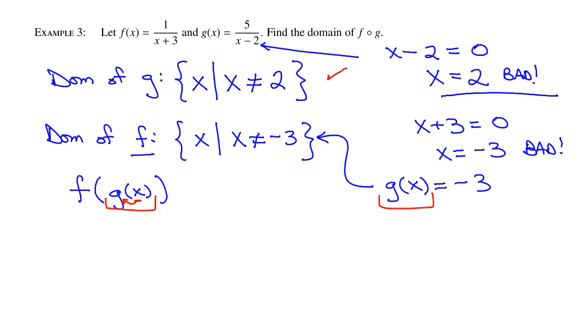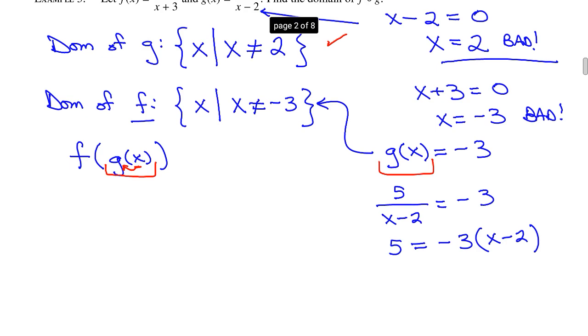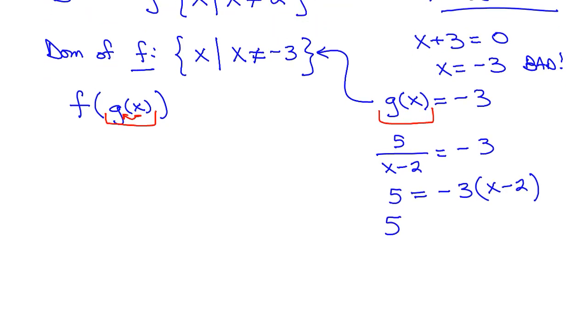So if g of x is equal to negative 3, that means 5 over x minus 2 is equal to negative 3. And then we just solve this equation here. So I'm going to multiply over. We get 5 is equal to negative 3 times x minus 2. 5 is equal to negative 3x plus 6.